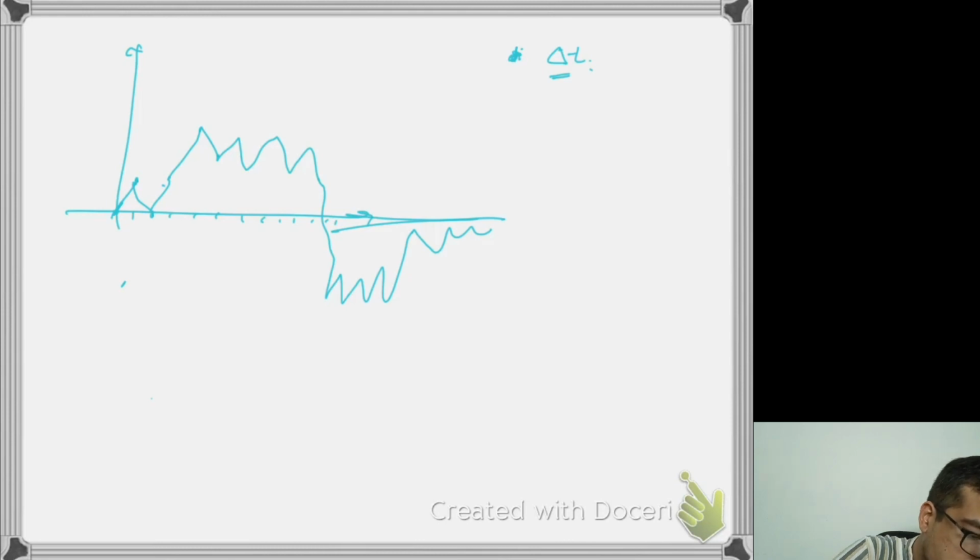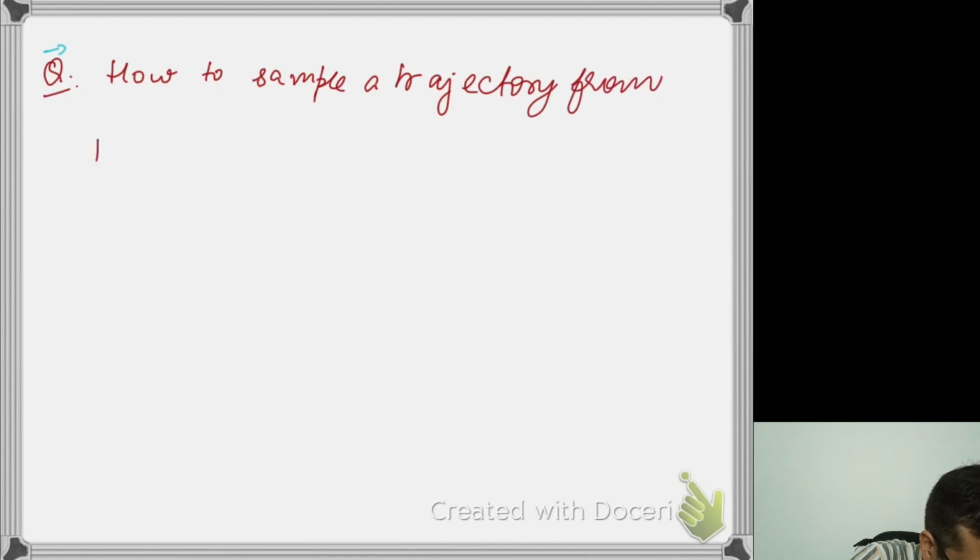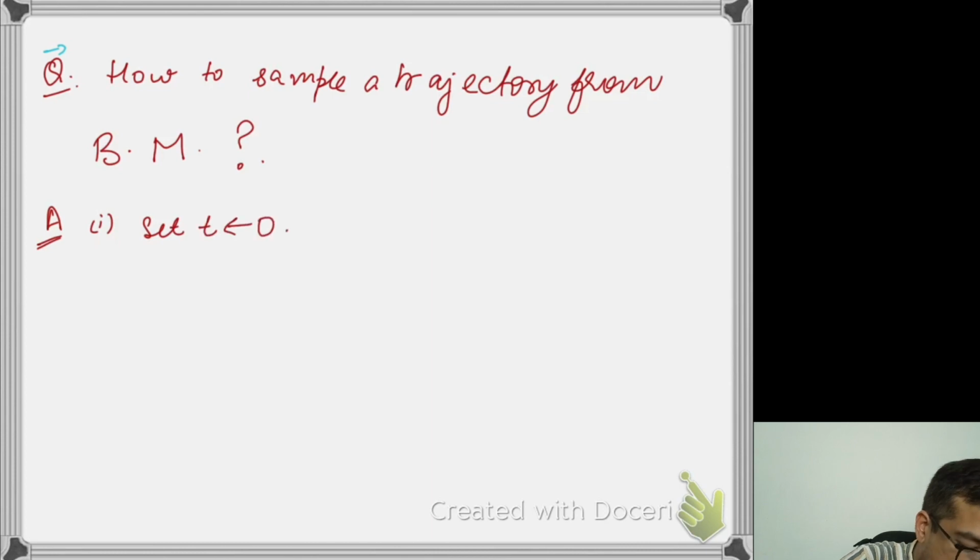So we can actually formalize this notion. Let's see how to sample a trajectory from Brownian motion. Basically set t equals to 0, and let delta t be some precision I want, like a floating point precision.